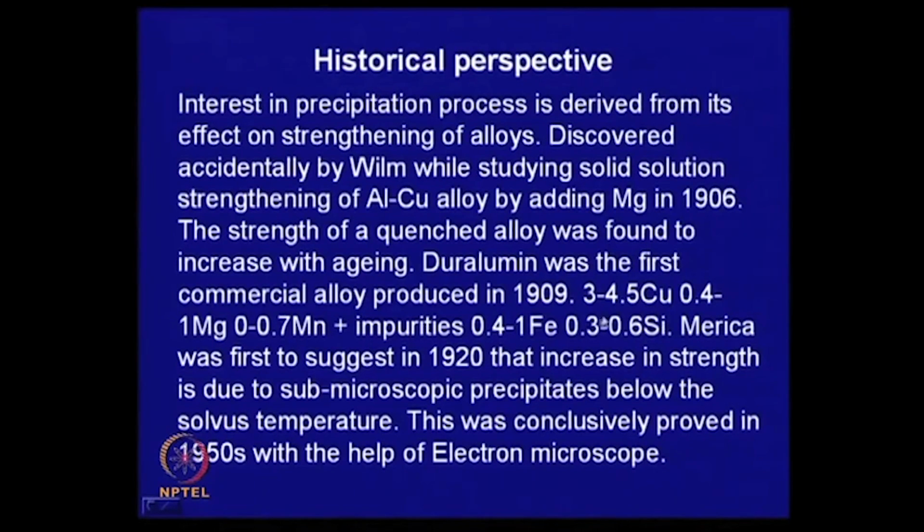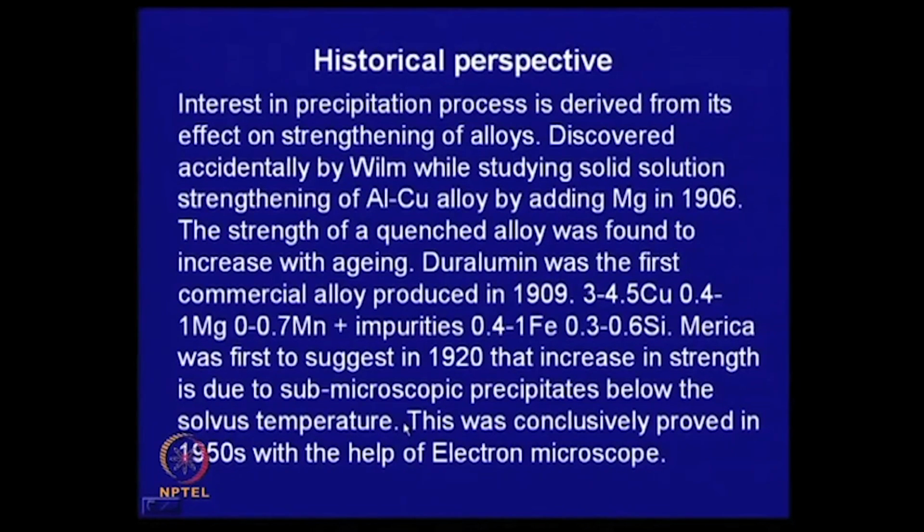At that time, to look at the microstructure, only the optical microscope was available. Now, America was the first to suggest in 1920 that the increase in strength is probably due to some submicroscopic precipitate which forms below the solvus temperature. But this was only a surmise.